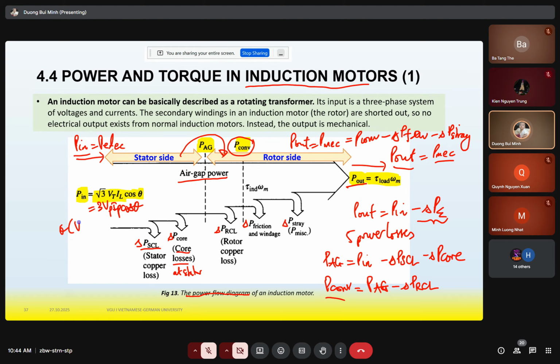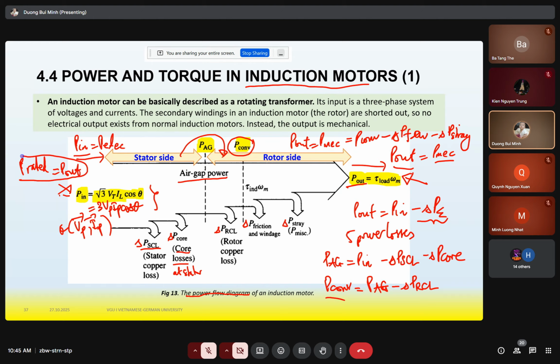Of course, theta is the phase angle between V phase and I phase. If we observe this equation, you can guess this one is input power or electrical power, and these formulas give the output power.